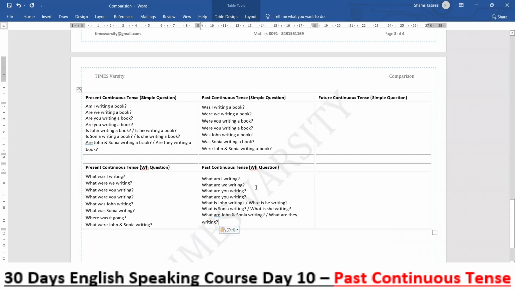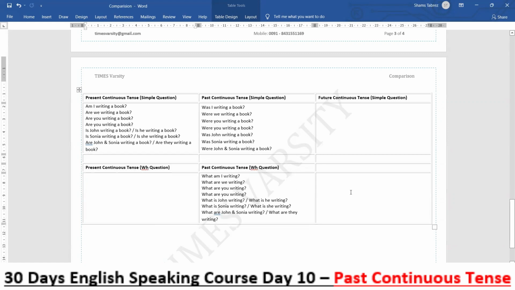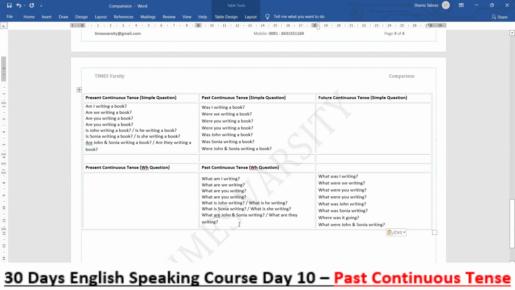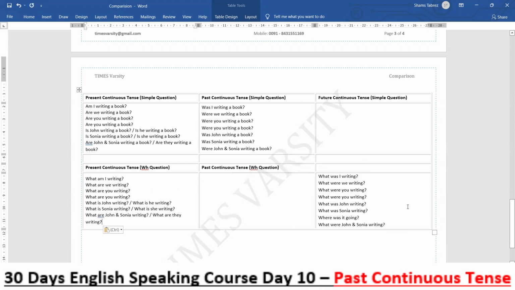Now you see in both cases the sentences are starting with WH word. Sir, this was opposite. Yeah, you're right. So let me put it so it should be here. I will copy paste here and then take this one to here.